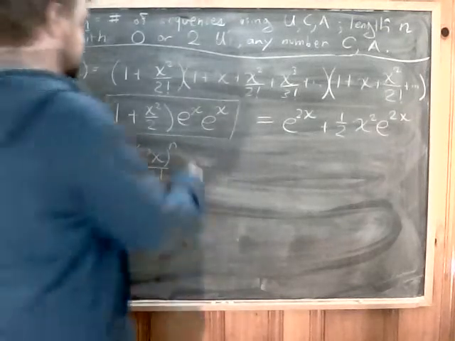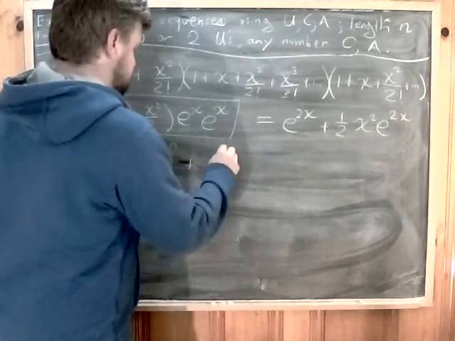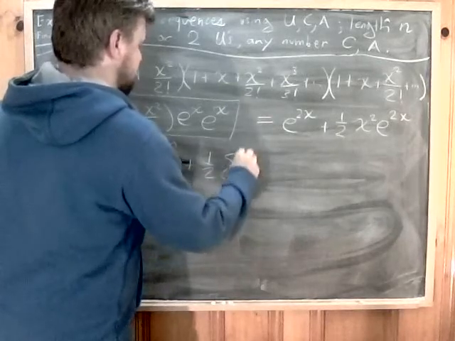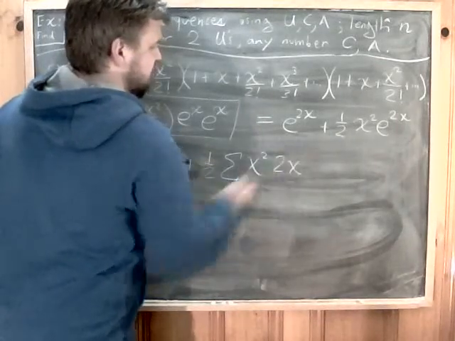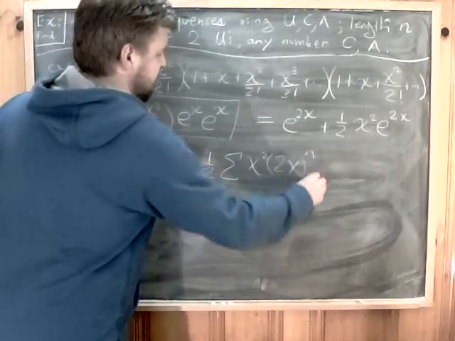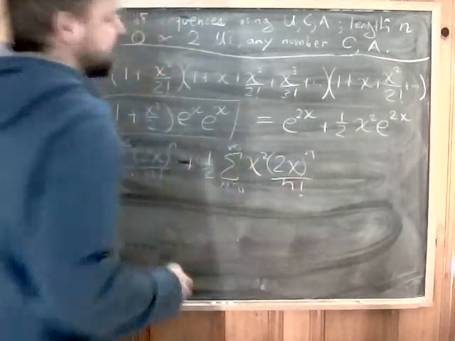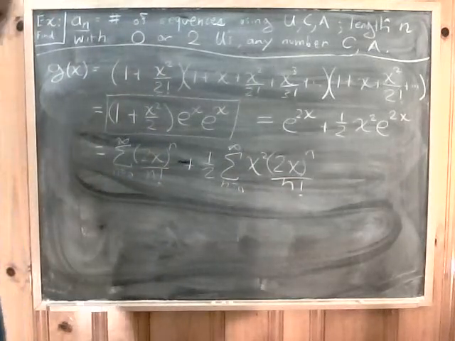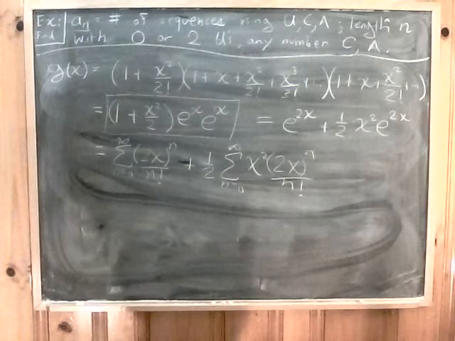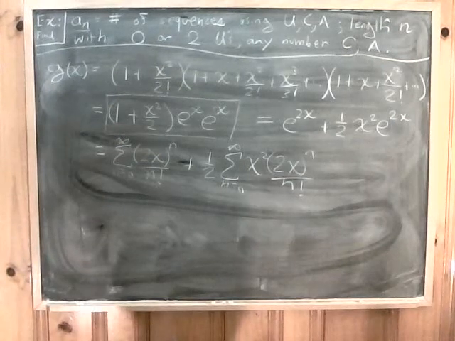And for the rest of it, plus 1/2 summation x squared times (2x) to the n over n factorial, n equals 0. So putting the x squared inside of the summation like that is fine. It's multiplying the whole function, and so it can be distributed. You can multiply it into the summation. It doesn't have an n in it, so x squared times the inside is fine the way it is.